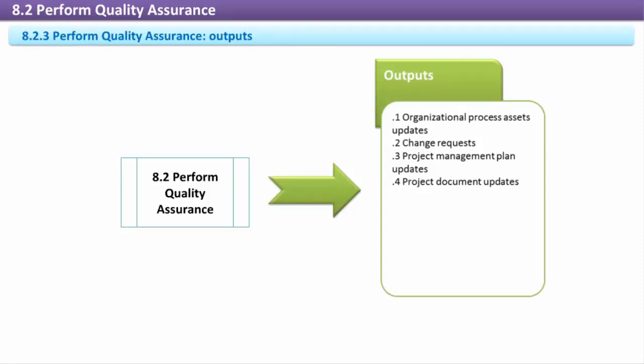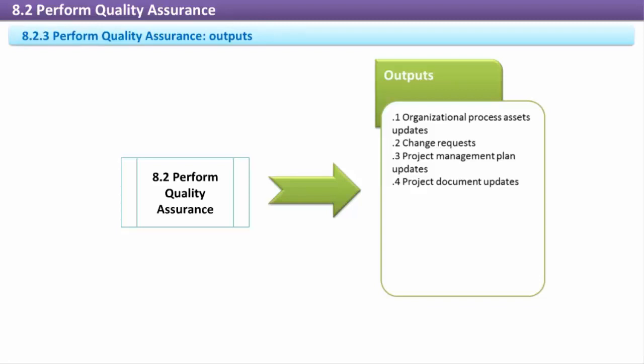Organizational process assets updates. Quality assurance activities can result in updates to organizational quality standards. Change requests. Quality assurance can result in recommended improvements, which are treated as changes and coordinated through integrated change control for review.